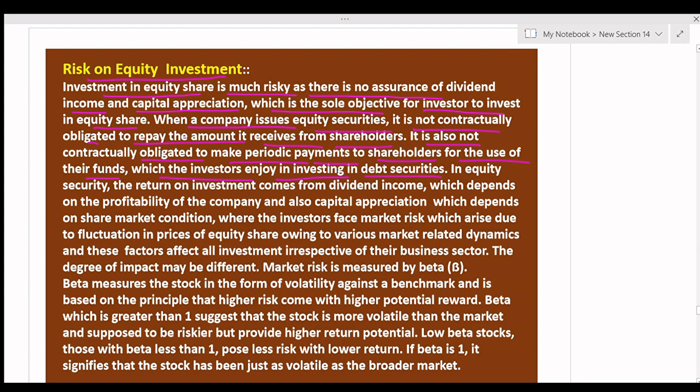In debt securities, the investor will get the periodic payment and also the total payment on the maturity date.